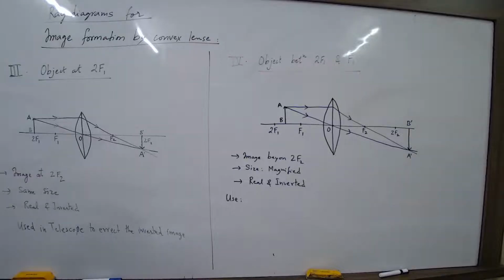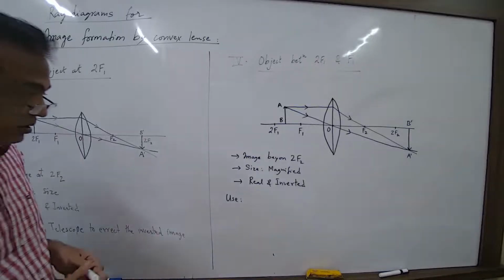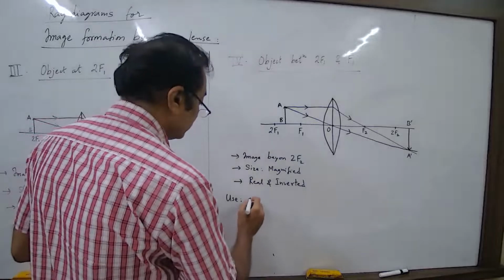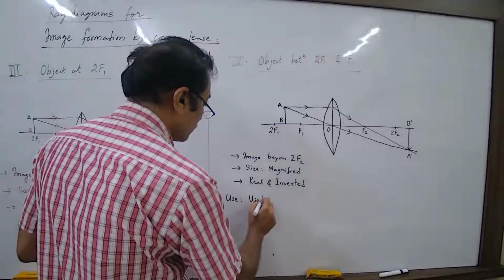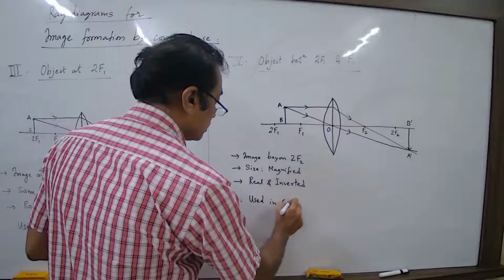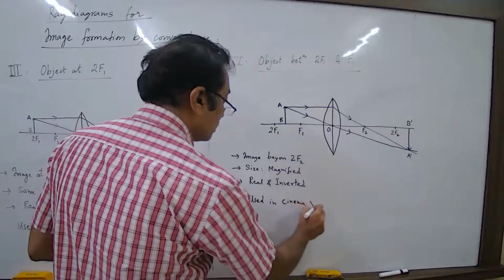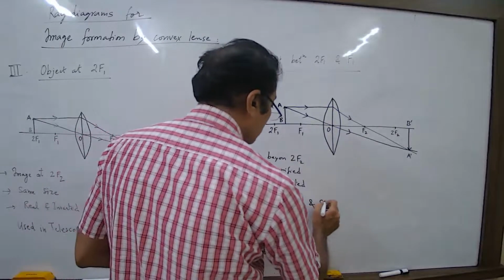Application. Convex lens is used in cinema and slide projectors.